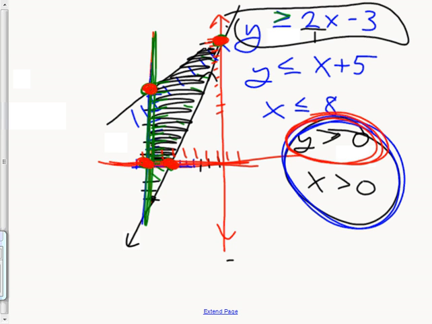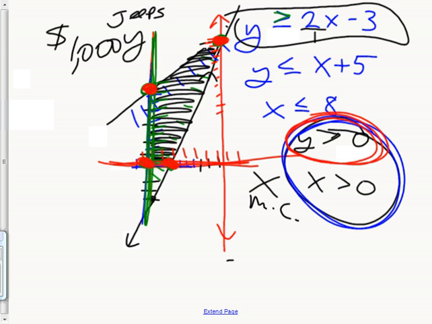They'll give you that separately, and by the way, in this context, the x is like motorcycles and the y is like Jeeps. They might say, we make $1,000 profit on every Jeep we sell, and we make $500 profit on every motorcycle we sell.